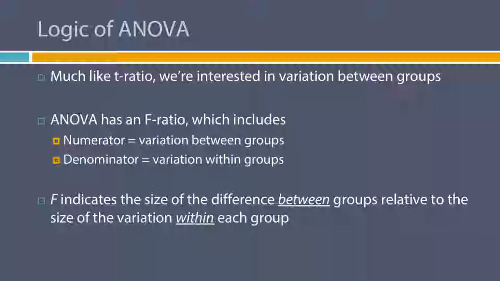So group 1 differs from group 2 drastically, and that differs from group 3 drastically. A larger F would indicate that there's more variation between groups. That means that there's more difference between these group means. And that's what we're trying to get at with an F ratio and the t-test. We're trying to look at differences between groups. Is there a mean difference between these groups? So if we're going to find a significant difference between these groups, we want our numerator to be high and much higher than the denominator.